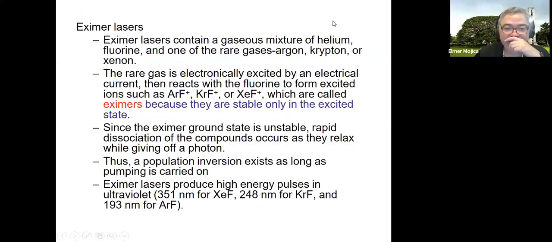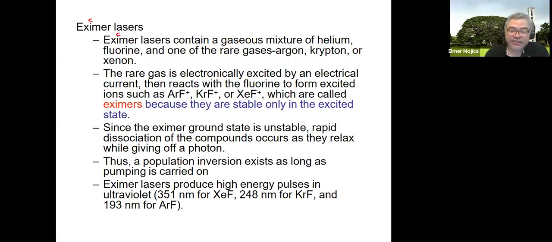Now, the last type that we have is the excimer. So if you have an excimer laser, these are usually from a gas mixture of helium, fluorine, and one of the rare gases: argon, krypton, or xenon.